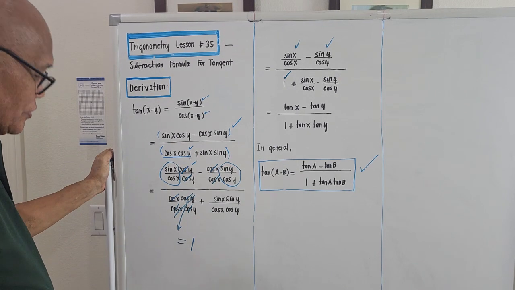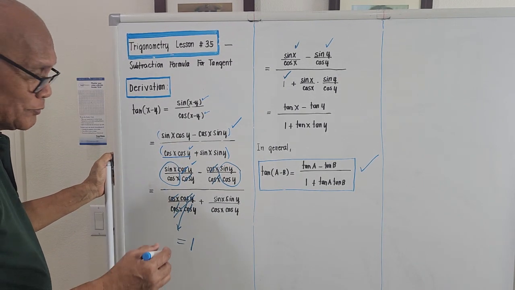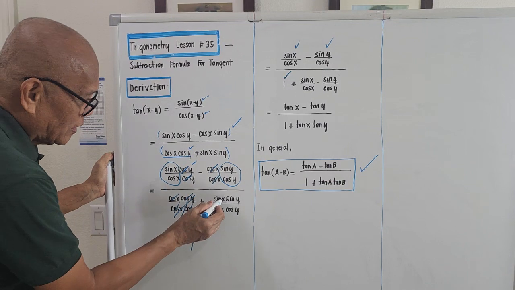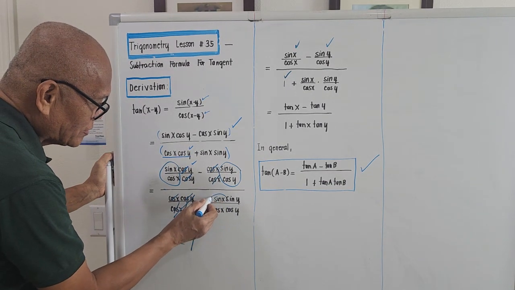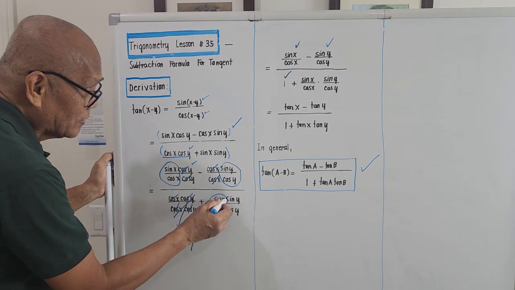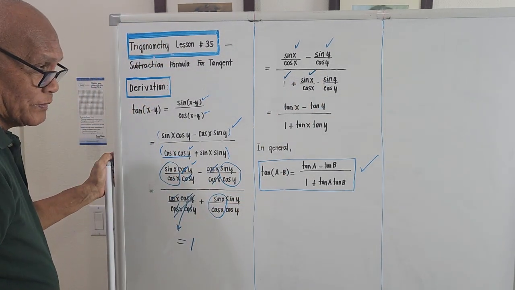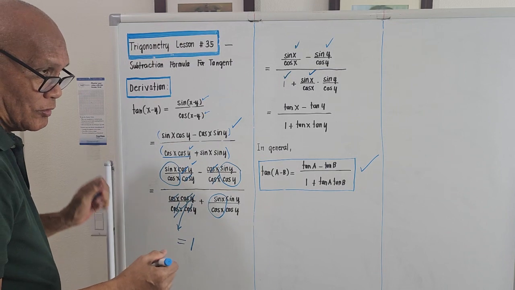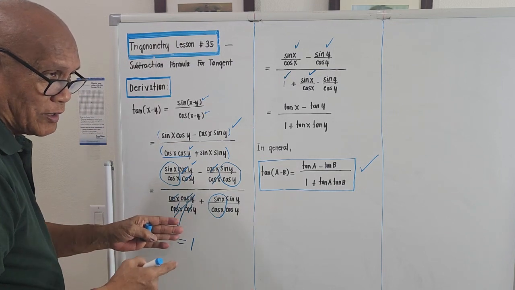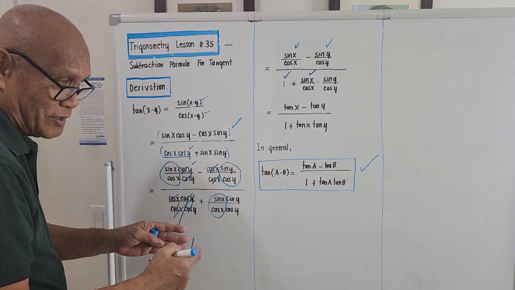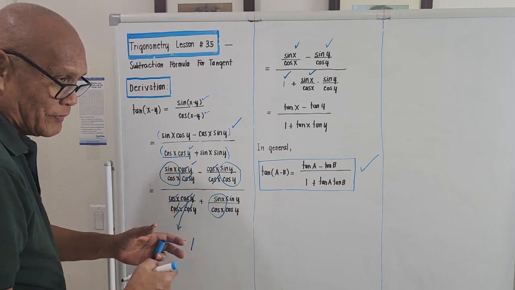Right? The second one, we must first rearrange. We'll take the ratio sine x over cosine of x. That's the first one. Okay? It's the so-called, I think, commutative property. We will just change the grouping, right?